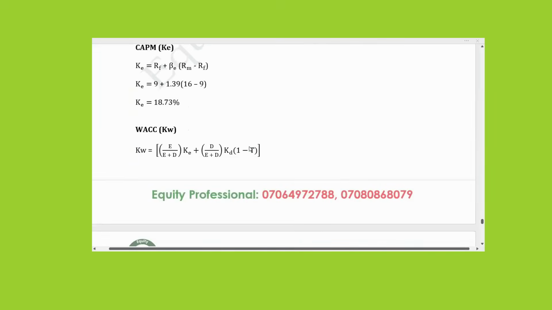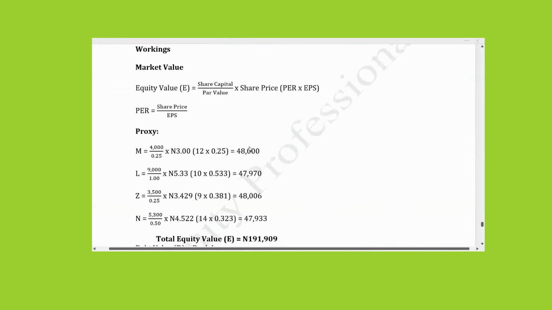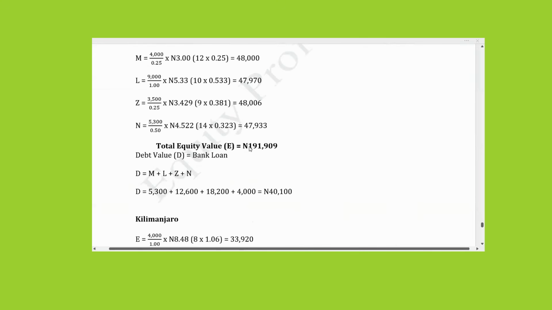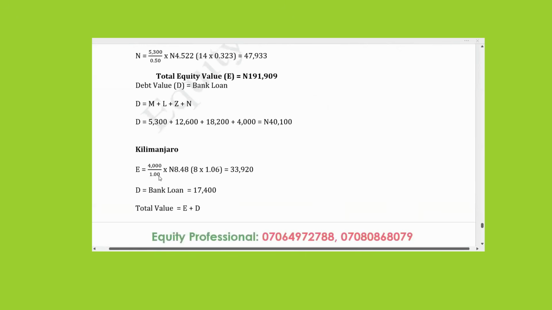This is the working. Sorry, the equity. And the par value of Kilimanjaro is 1 naira. Okay, fine, I get it. I was mistaking it. I thought that was the value for the bank loan, so I was wondering why it was divided by 1. I've seen it now. Thank you, sir. You're welcome.